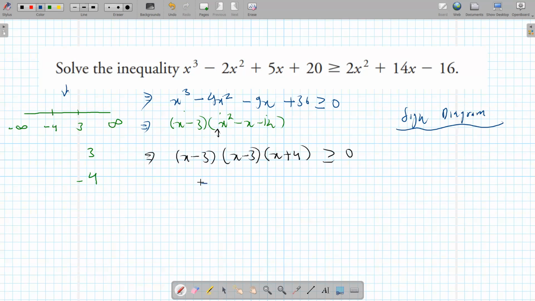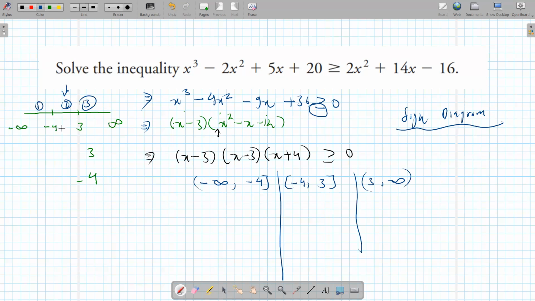The first interval is going to be from -infinity to -4. The second is going to be between -4 to +3. And square brackets here just means it's inclusive because the question's inclusive. The next bracket is going to be from 3 to infinity. Okay, those are intervals. Here's interval 1, interval 2, interval 3.